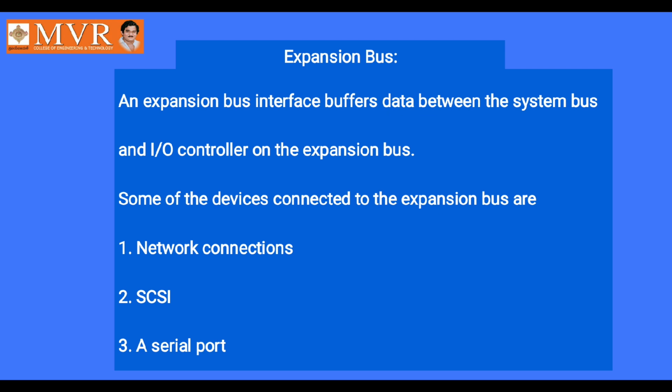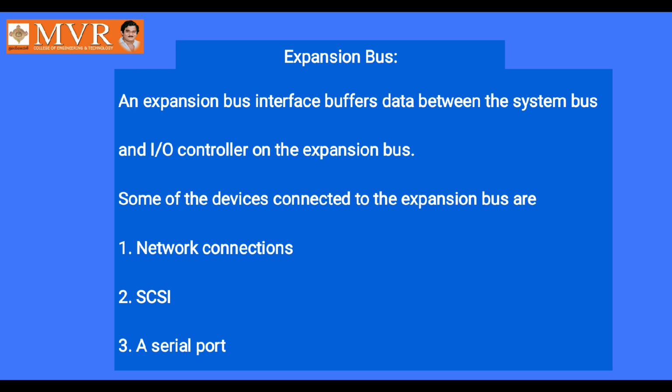So an expansion bus interface buffers the data between the system bus and the IO controller on the expansion bus. This arrangement allows the system to support a wide variety of IO devices and at the same time insulate memory traffic from IO traffic.